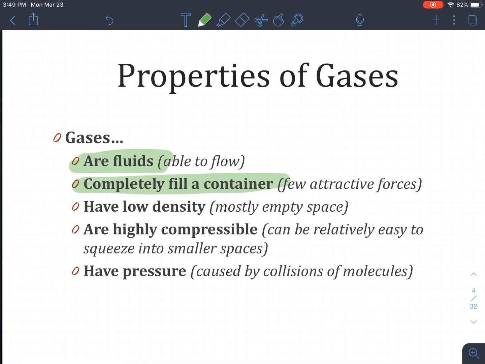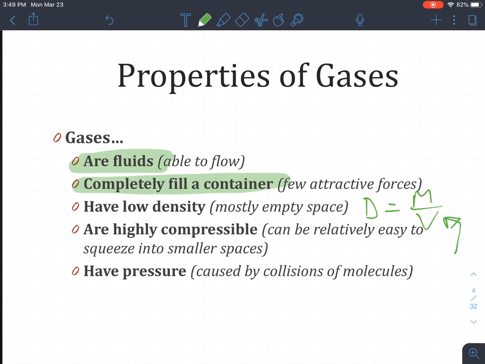So remember that density equals mass divided by volume. Since volume is insignificant, the amount of space that gases take up is not very aligned with the amount of space that each particle takes up, or I guess the space that it consumes.